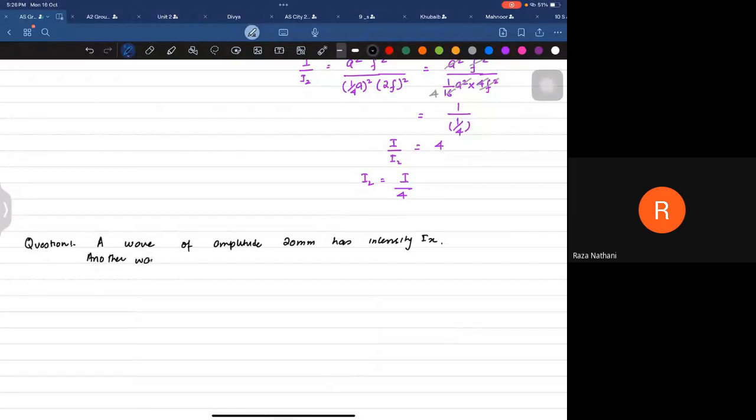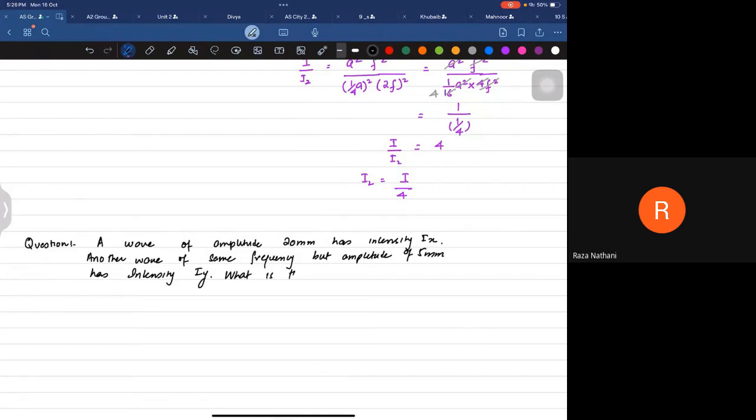Another wave of same frequency but amplitude of 5 millimeter has intensity Iy.